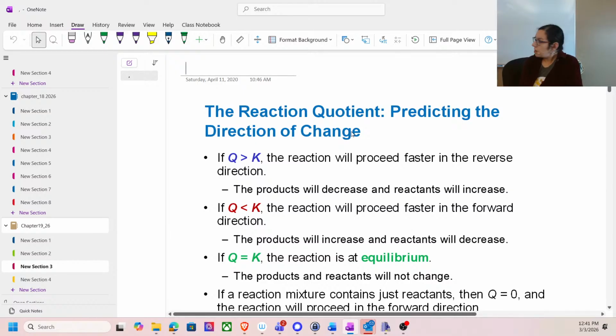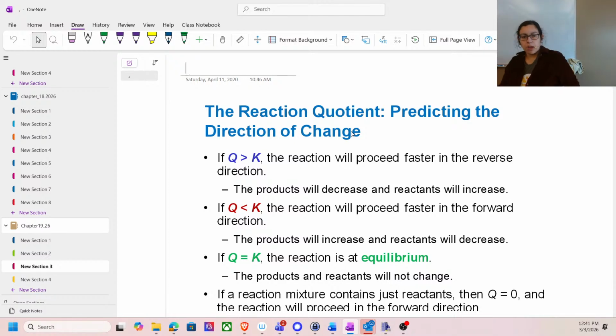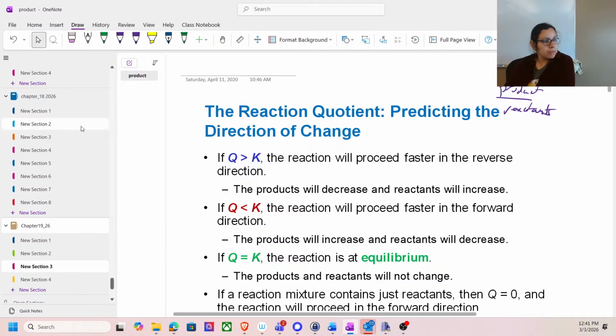All right, so this answers which way our reaction will go. We might want to sketch out products over reactants to keep ourselves sanity checked here. If our snapshot, our Q, is greater than our K, that implies we have too many products.